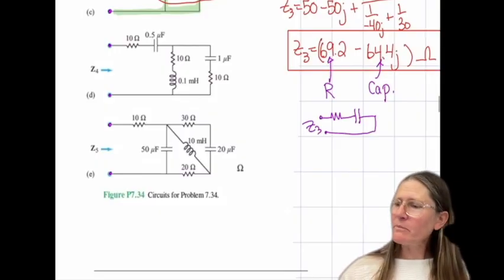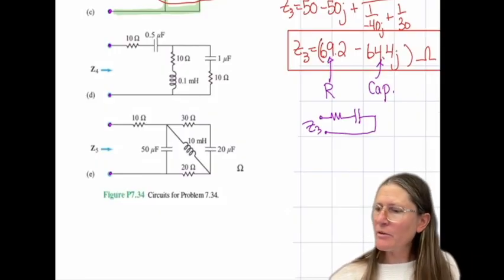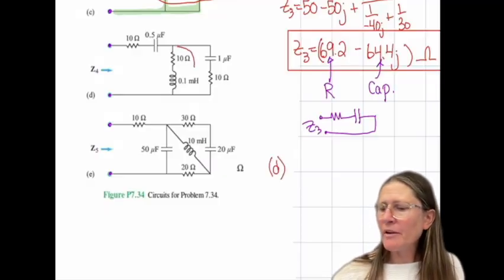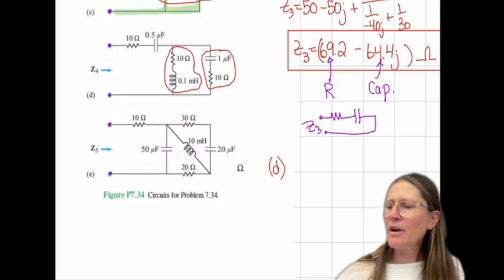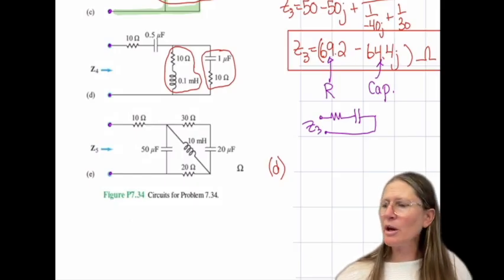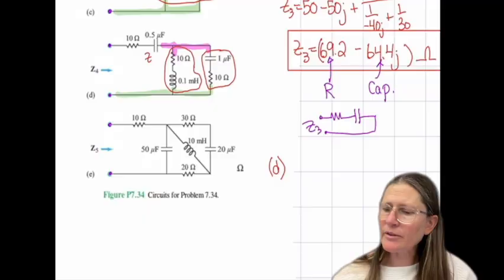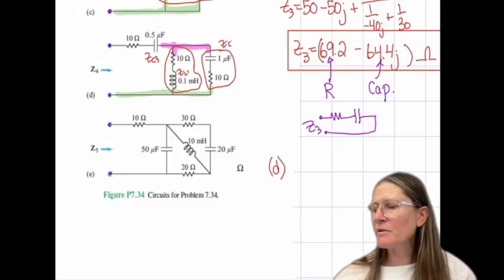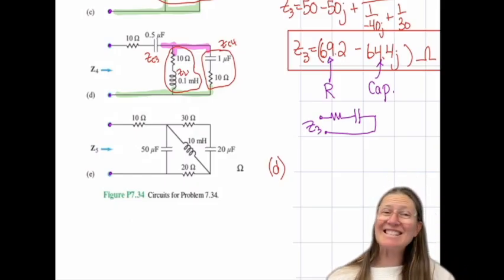Z4. So D. We have these two in series, these two in series, and then both of those are in parallel with each other. So I'm going to call these ZL1 and ZC4.